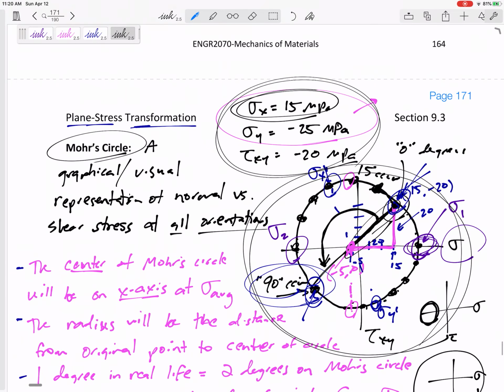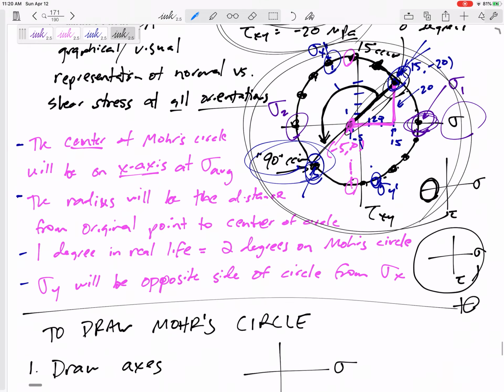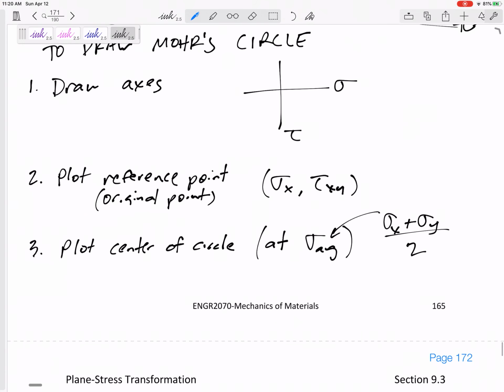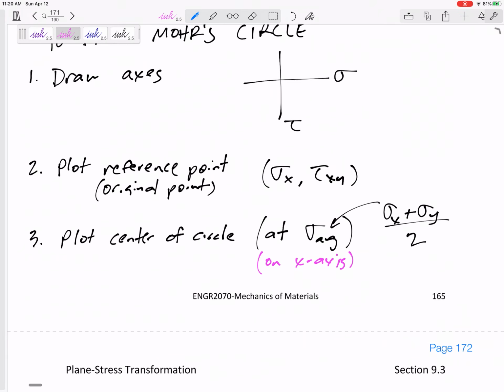So here I knew if I took the average of those, add those two together, divided by 2, the average was negative 5. So I could plot my center on the x-axis, right? On the x-axis at negative 5. Your center could be anywhere. Could be 0, could be negative 20, negative 70, positive, but your center is always going to be on the x-axis.